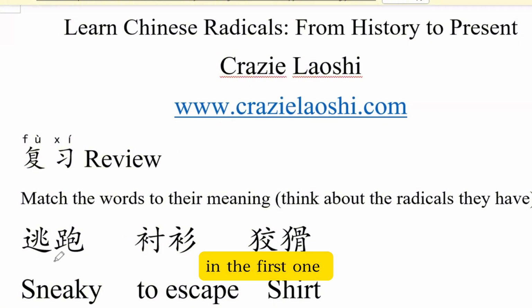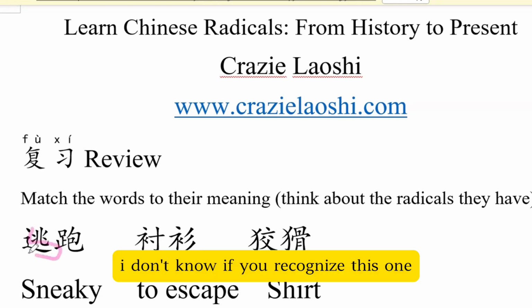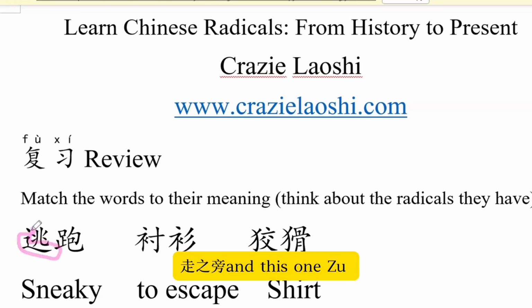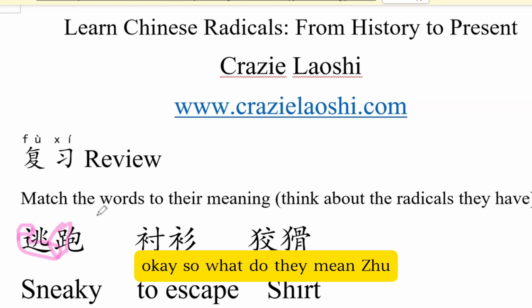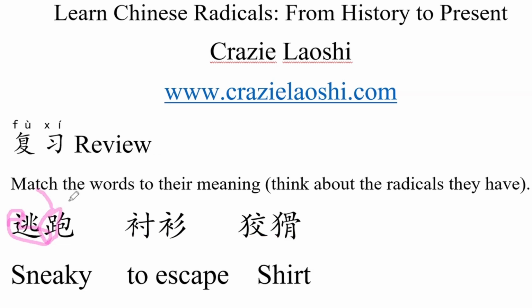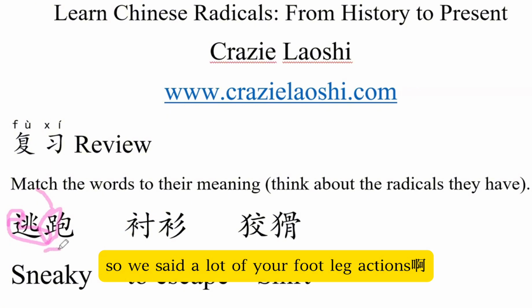In the first one, 逃跑. I don't know if you recognize this one. 走之旁. And this one, 足. Okay? So what do they mean? 足 is your foot, right? So we said a lot of your foot, leg actions.